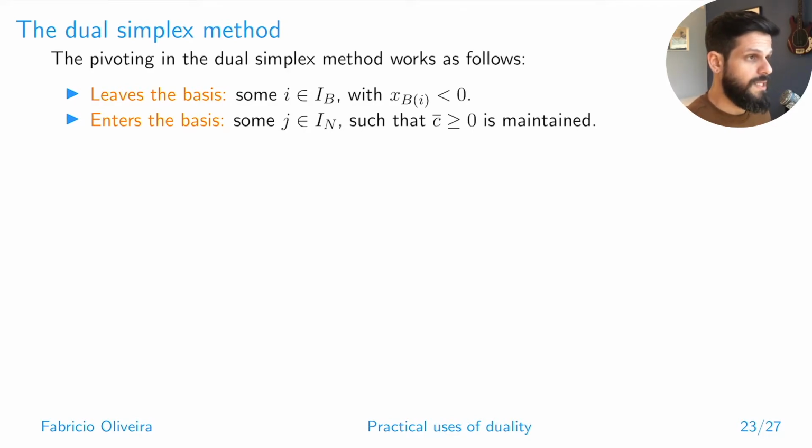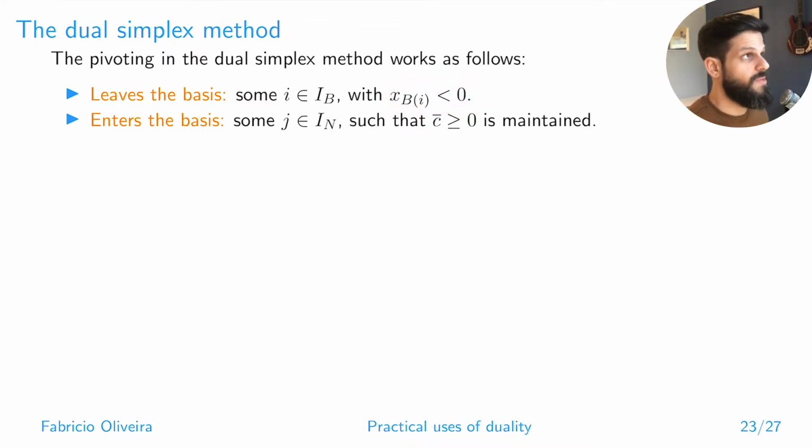What makes it different now is that we'll have basic variables with negative values, meaning that they are not feasible in a primal sense. We're going to pick those to remove from the basis.